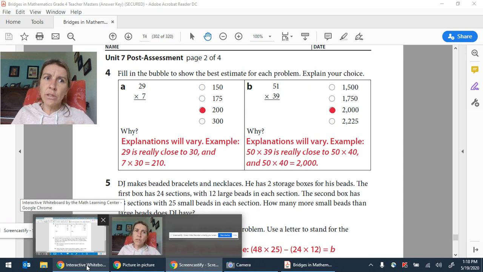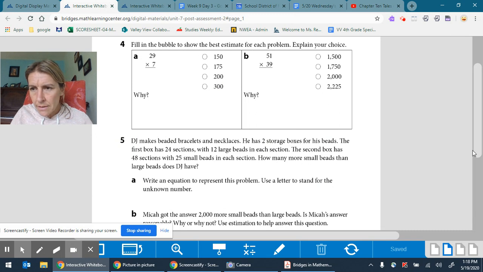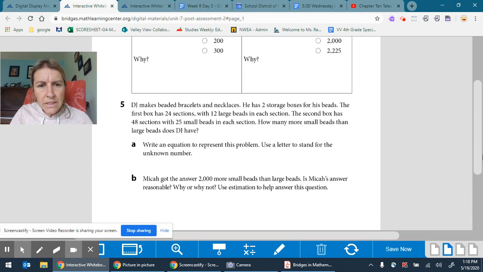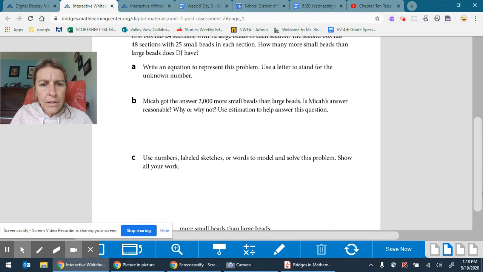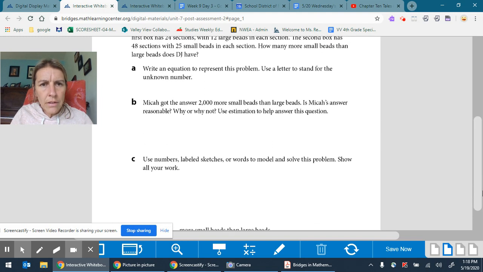Now let's continue through 5. So let's head back to this. I'm going to go down a little bit because 5A goes to 5ABC. So now that you have the formula written, 5B wants to know, Maka got the answer 2,000 more small beads than large beads. Is Maka's answer reasonable? Why or why not? So you're going to say yes or no to it's reasonable.